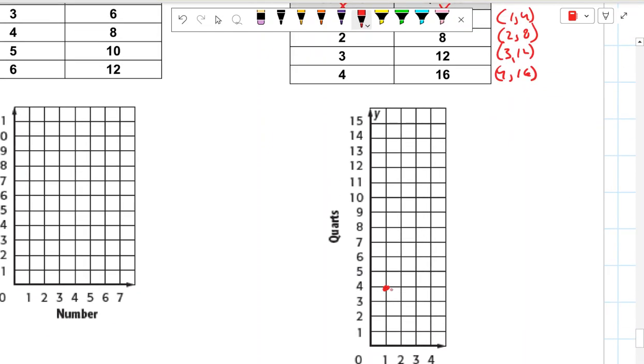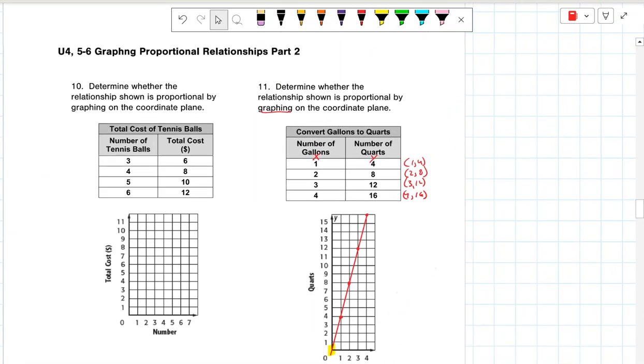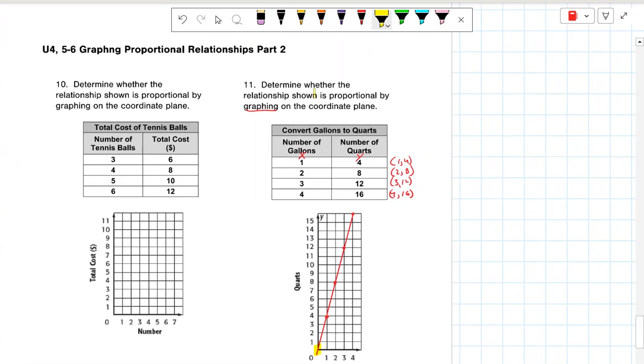You'll line up your straight edge. It's covering all those, and it's going through the origin. So it's straight and goes through the origin. So determine whether the relationship shown is proportional by graphing. So we did, and it is proportional.